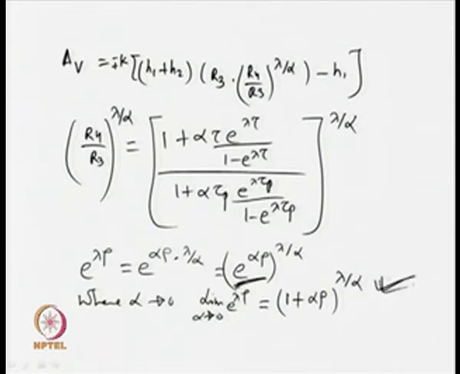Keep in mind, this very much looks like this expression. If you observe minutely, we have already got the powers lambda by alpha here and here. Now, I have got 1 plus certain thing, 1 plus certain thing. Therefore, it will enable me to write this R4 upon R3 to the power lambda by alpha in some simpler form.